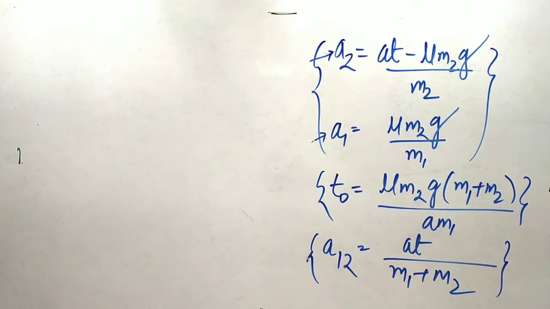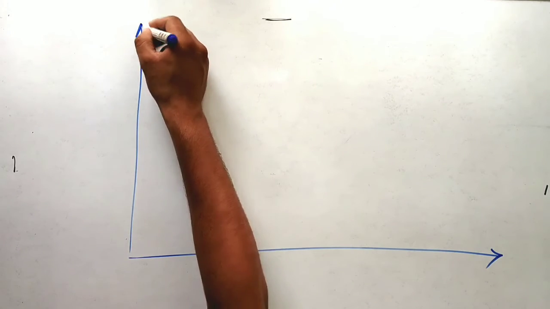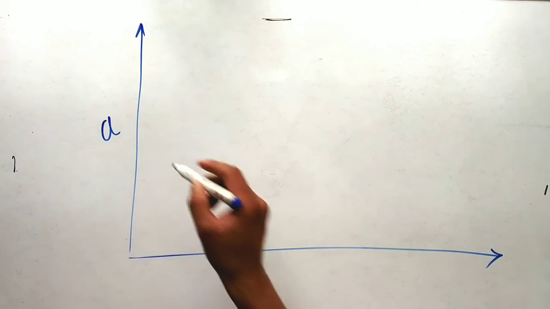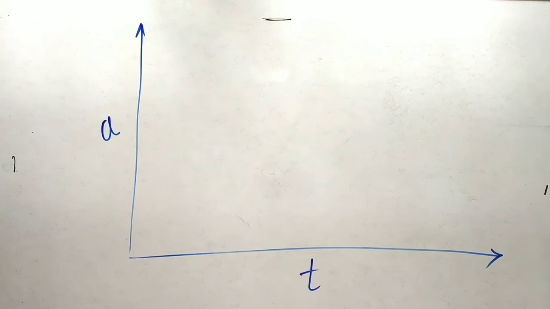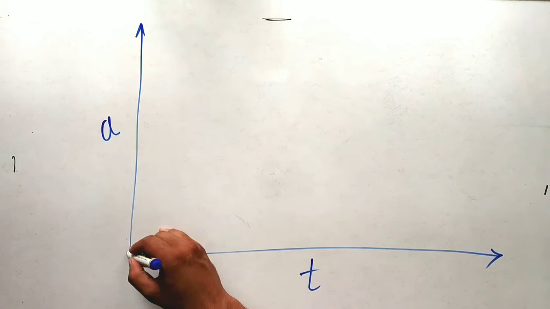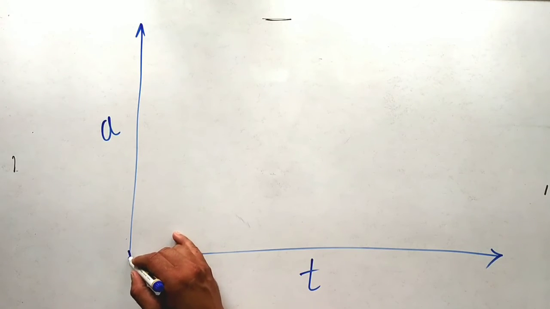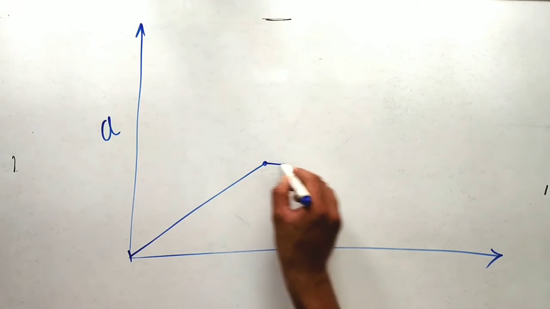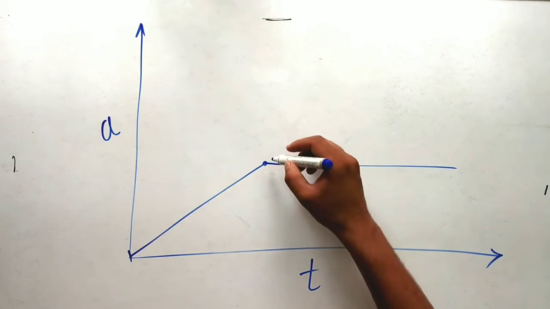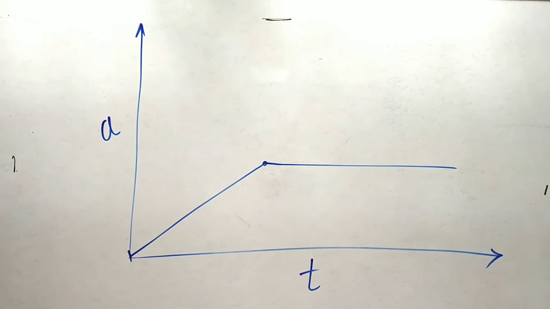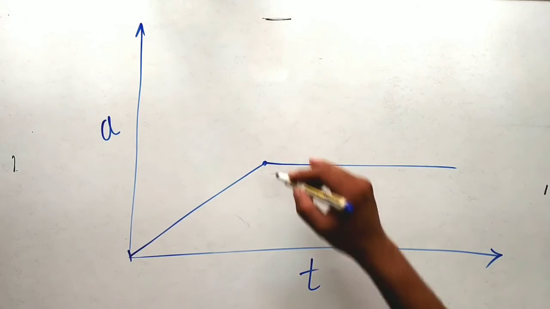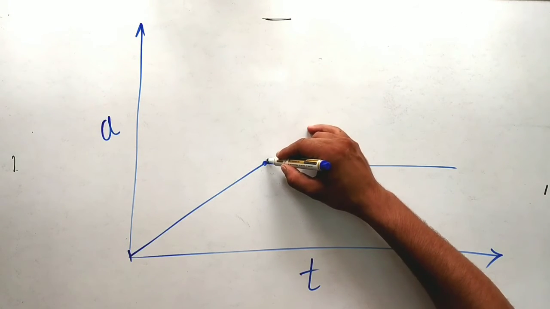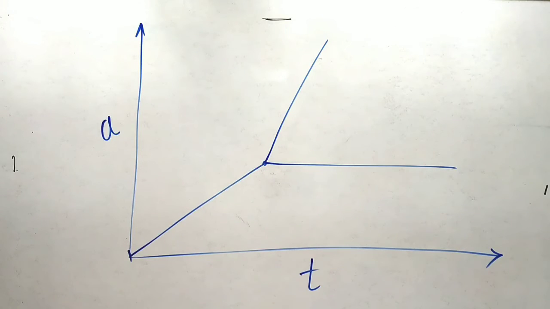Our graph is going to look like this: acceleration on this axis, time on this axis. Both of them are going to move together till a point, then one of them is going to have a constant acceleration, and the other one is going to have an acceleration this way.